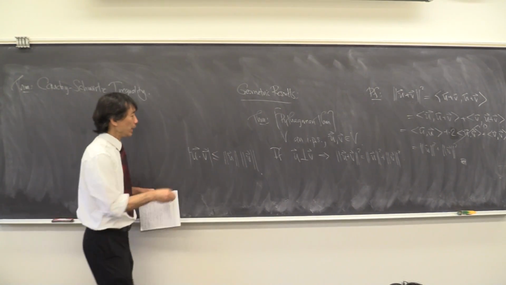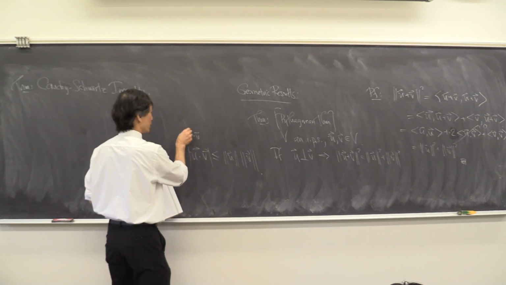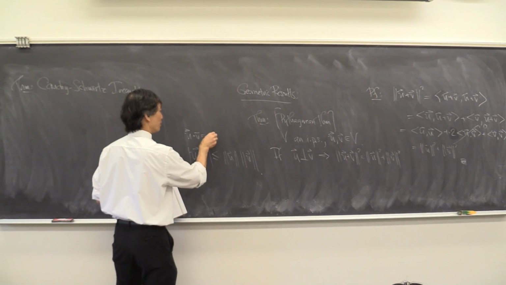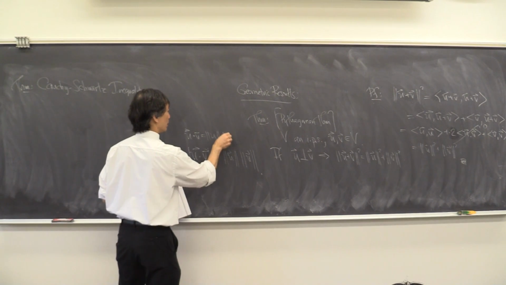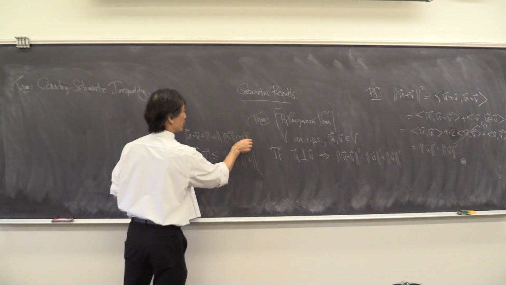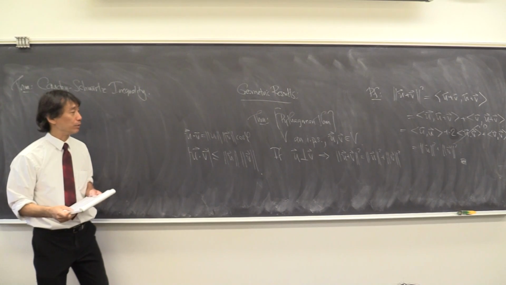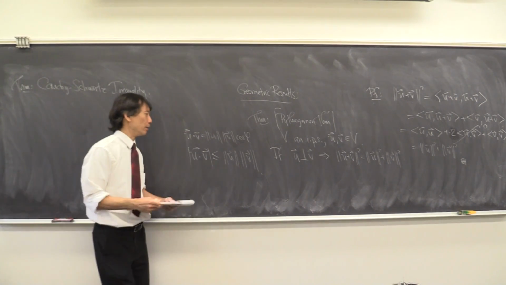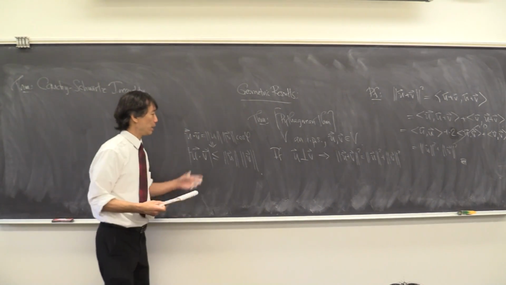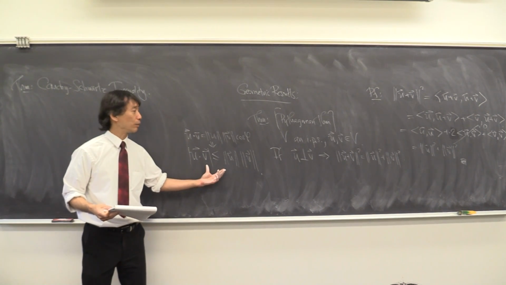And you may recall we had this geometric interpretation of the dot product: it's the product of the magnitudes times the cosine of the angle between those two vectors. So that immediately implies the Cauchy-Schwartz inequality.